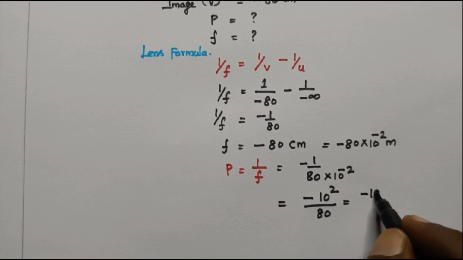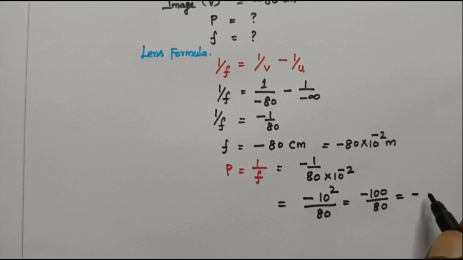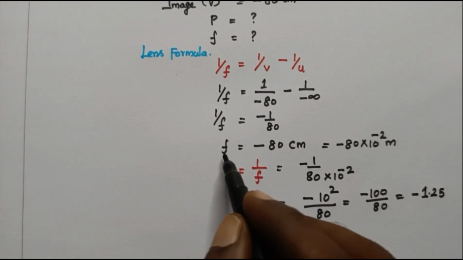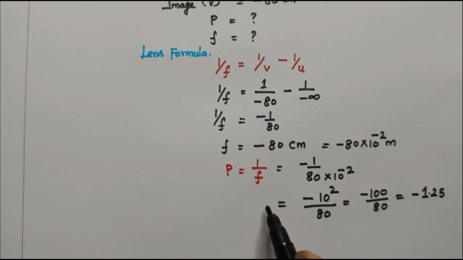So minus 100 divided by 80. If we do the calculation, we will get this is equal to minus 1.25. Since we have converted the focal length to SI unit meter, we will get the power in diopter.